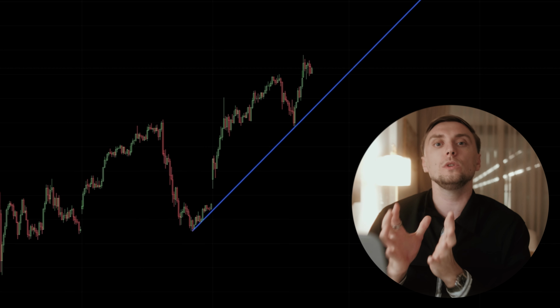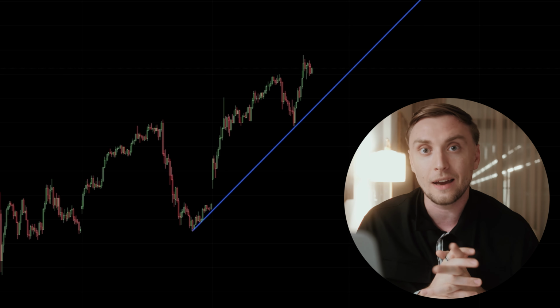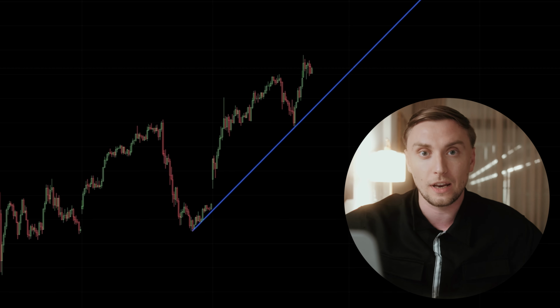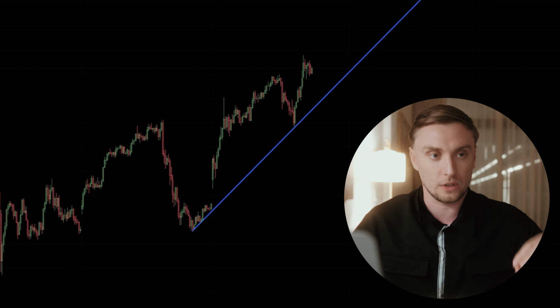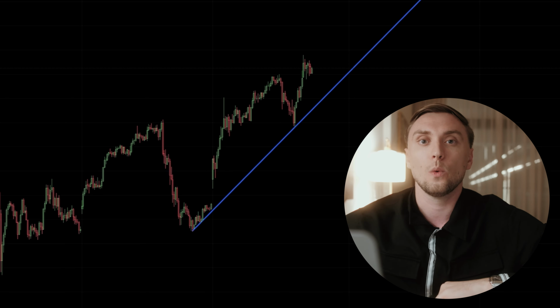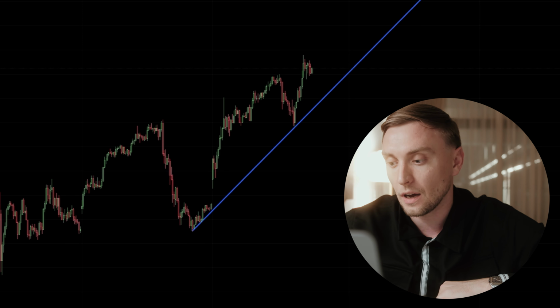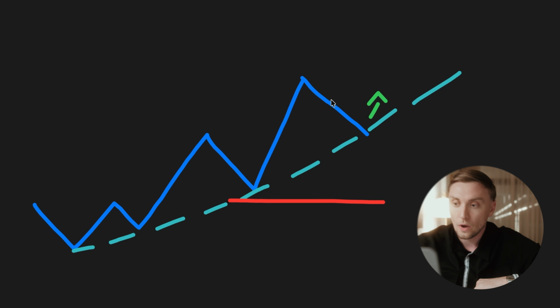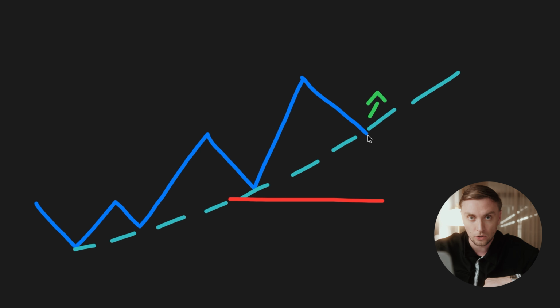But how will we use this Sperandeo line in practice in trading? What is most important for us is to find the point where we can open our position and make profit. When we have a correction so deep that it touches our Sperandeo line, whether it's the tail or the body of the candle, we immediately open a position towards the trend, in the direction of the main trend.